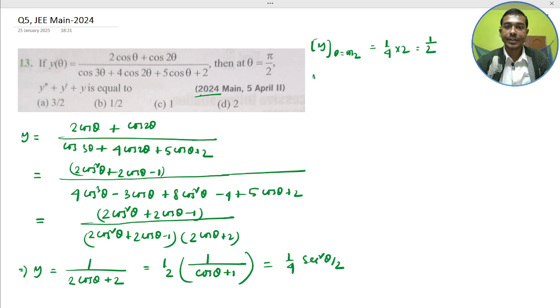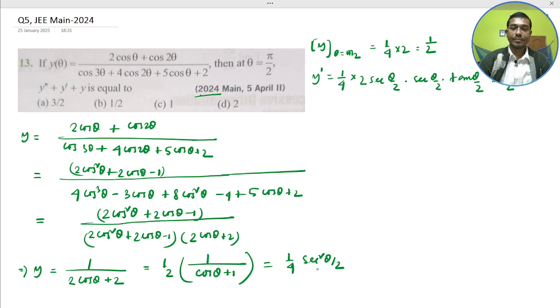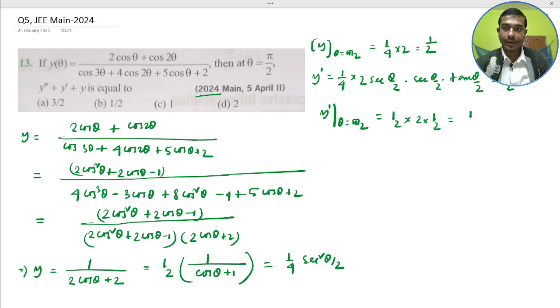Next, the first order derivative of this function, y dashed, equal to 1 by 4, just do derivative, sec theta by 2 into sec theta by 2 tan theta by 2 into half. And y dashed at theta equal to pi by 2, that would be what? Half into 2 into half. This would be half.